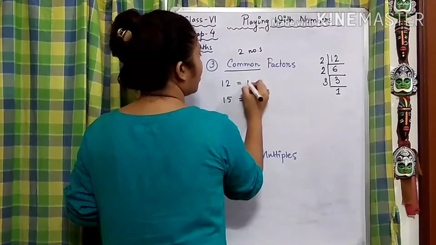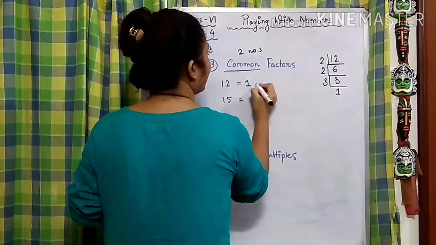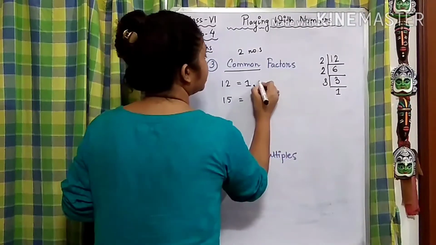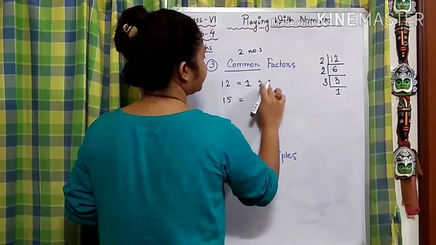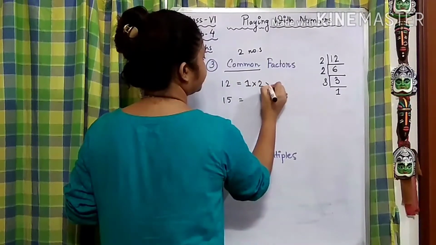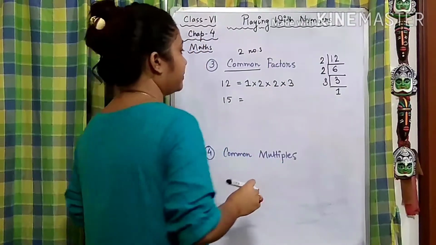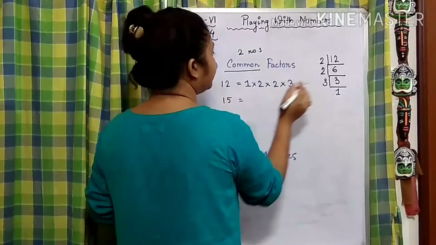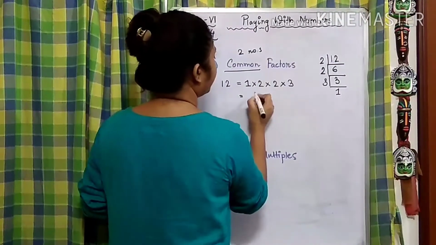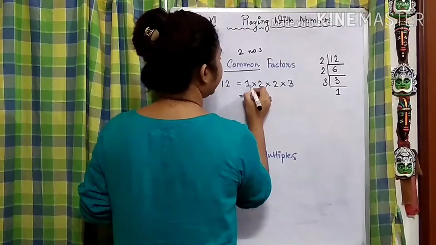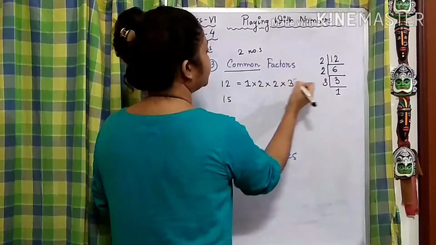Now how do we find out the factors? From here the factors of 12 are 1, 2, 2, 3, and so on.